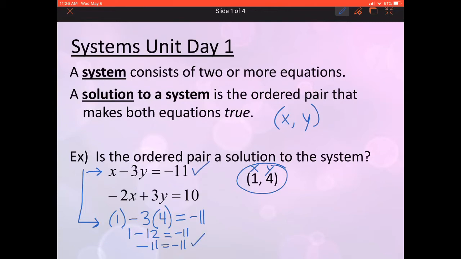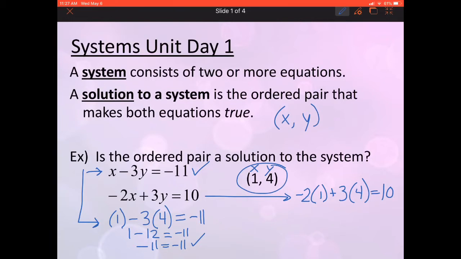So (1, 4) is true for the first equation, but I need to make sure that it works for both equations. So now I'm going to plug it into the second one. I'll do my work over here. So negative 2, and then there's x, so I put a parenthesis, and I have to make sure I put in the correct number. So the x number was 1, plus 3 times, there's a y next, so that was 4, and now I'm checking to see if that equals 10.